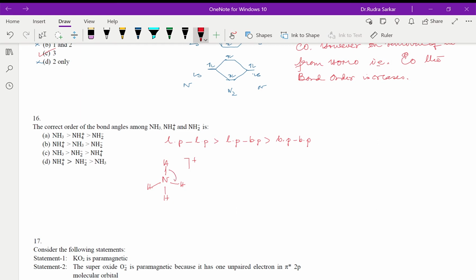Suppose this angle is x. In NH3, again nitrogen is sp3 hybridized, but there is a lone pair-bond pair repulsion out here. So angle y will obviously be less than that of x. In NH2-, just like water, it has two lone pairs.